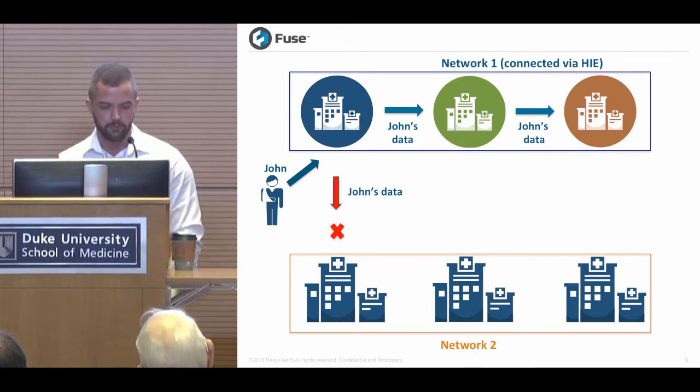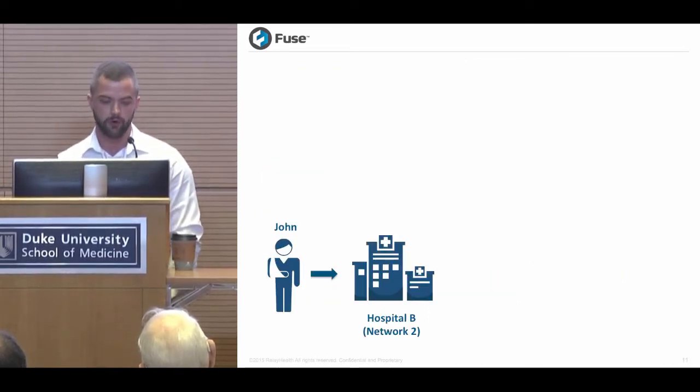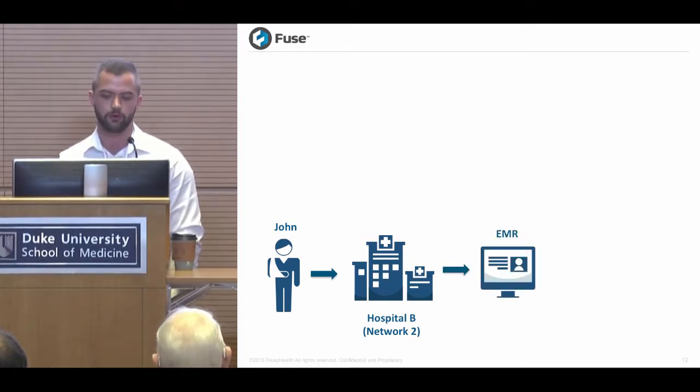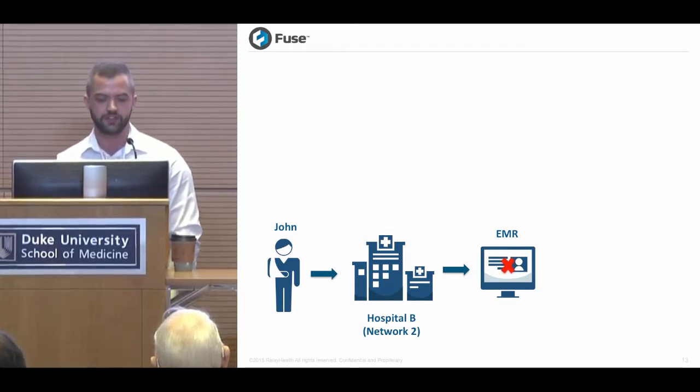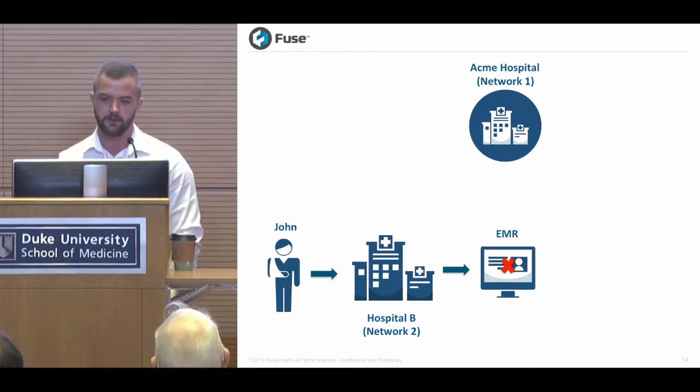So why is this important? Well, John Patient might go to network 2, where he wasn't previously admitted. A provider or physician will attempt to access his patient data via the EMR, but John's data will not be there, which is a bad user experience for John because he has the expectation that his data will be shared across this health system.